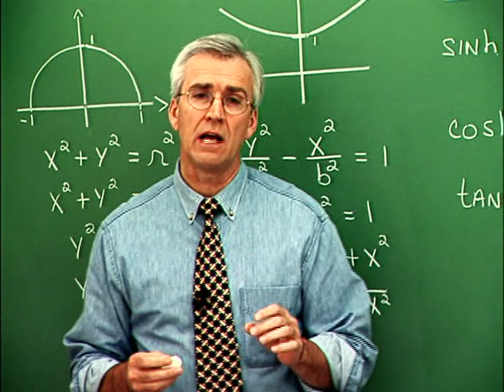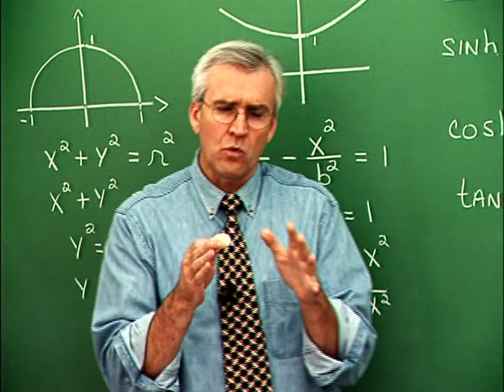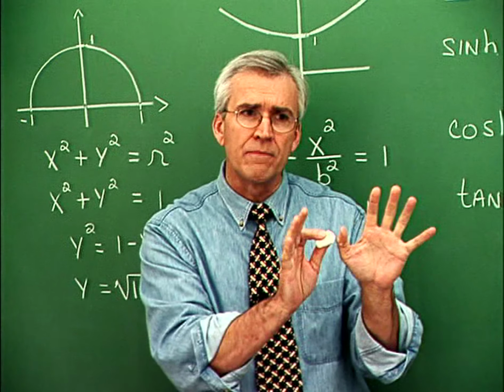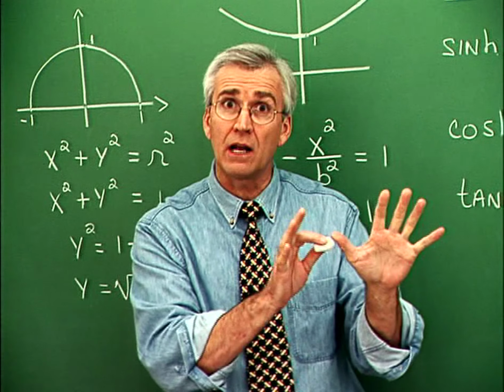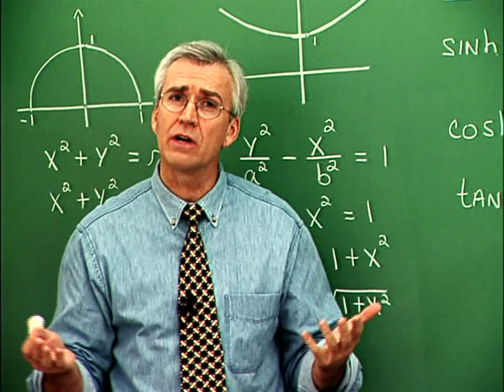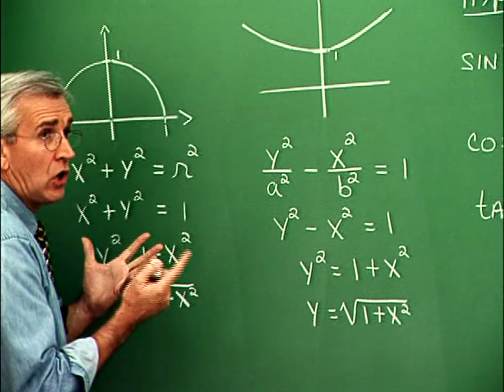Here's one. I want to show you the similarity between the backdrop for hyperbolic functions and the backdrop for trigonometric functions. With trig functions, a lot of the development involves the unit circle.